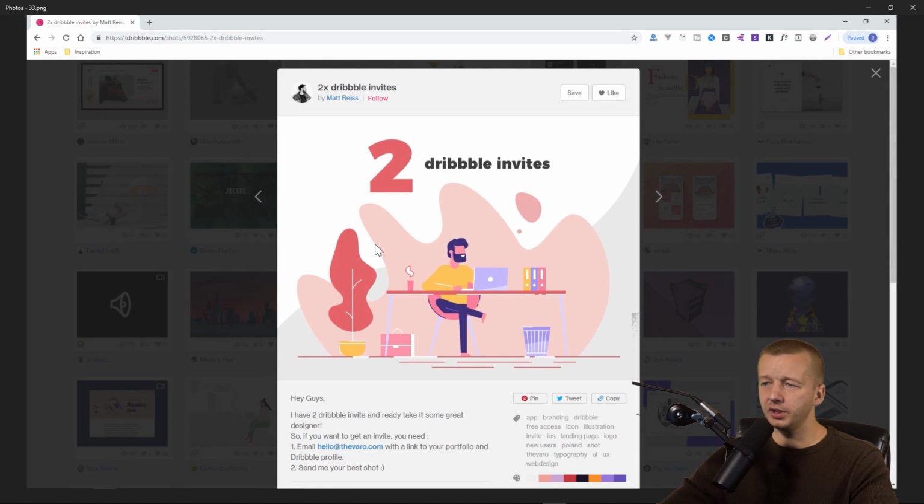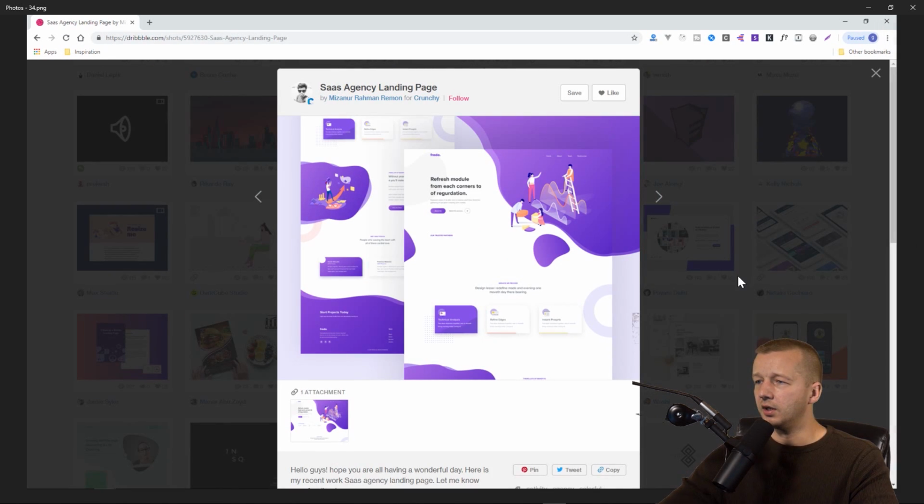This one, there's a blob right here randomly. This one right here actually works quite well. It's not something that looks like you see everywhere from other designers. Here's another one where blobs are everywhere, even in the background of the UI that they've placed it on.